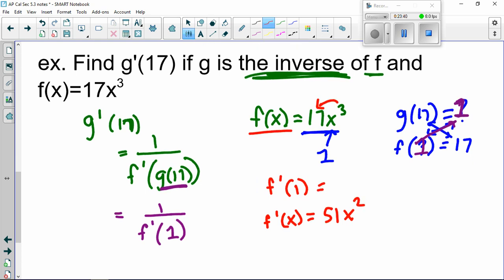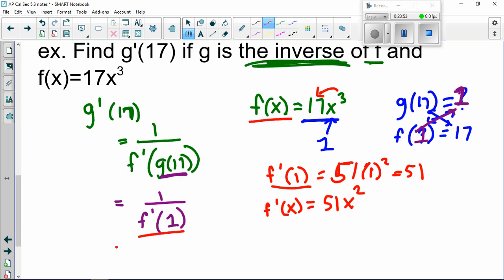So f prime of 1 is 51 times 1 squared, which is just 51. So our answer, without even finding the inverse, is 1 over 51. Okay, so there is our derivative of the inverse without even finding the inverse.